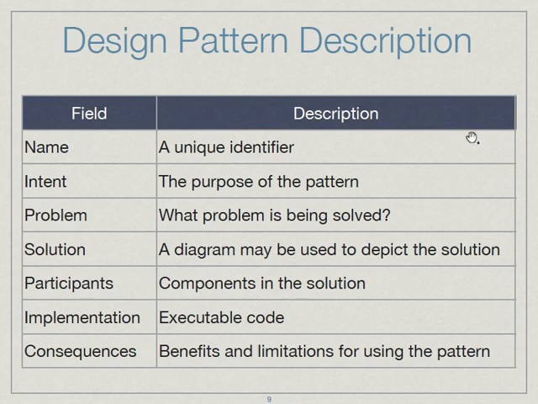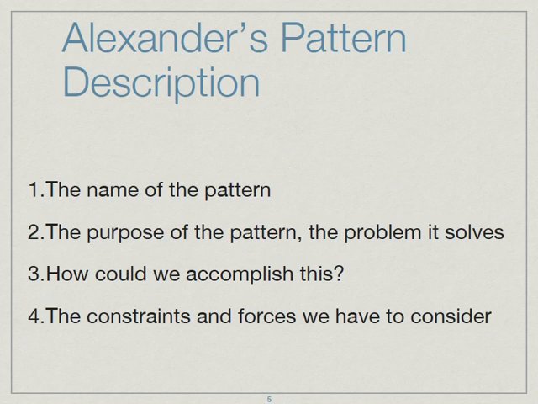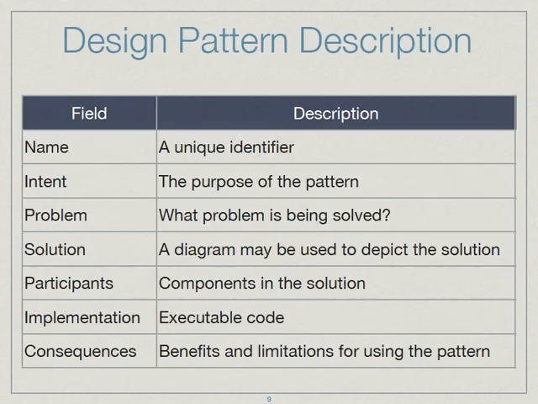We've seen in a few slides ago how Alexander described building architecture, okay? And we have a few more views. We give a design pattern a name. What's the purpose? What problem are we solving, and what solution? Sometimes we use words to describe a solution. Sometimes we use a diagram to describe the solution.